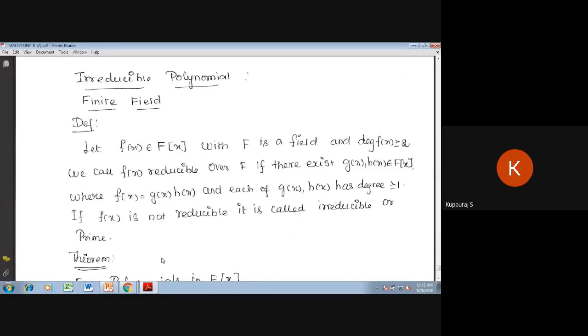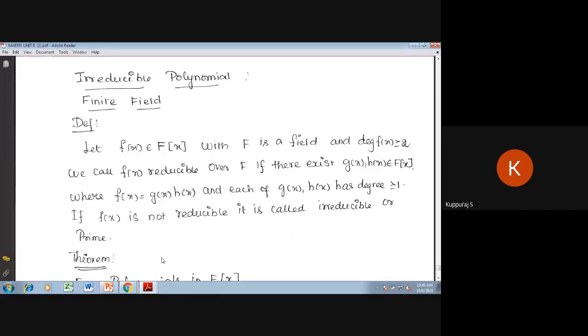So look at the definition. Let f of x belong to capital F of x, where capital F is a field and the degree of f of x is greater than or equal to 2. We call f of x reducible, meaning the polynomial which is having a root. So f of x is reducible over F if there exist g of x, h of x belonging to F of x, where f of x is equal to g of x into h of x.